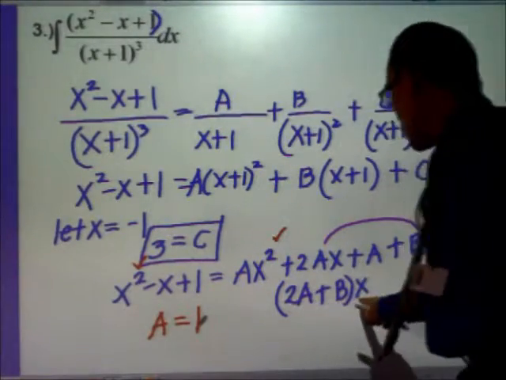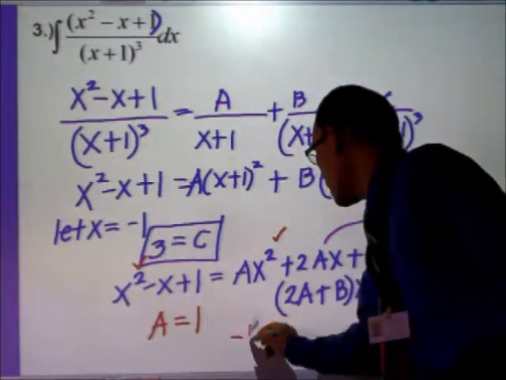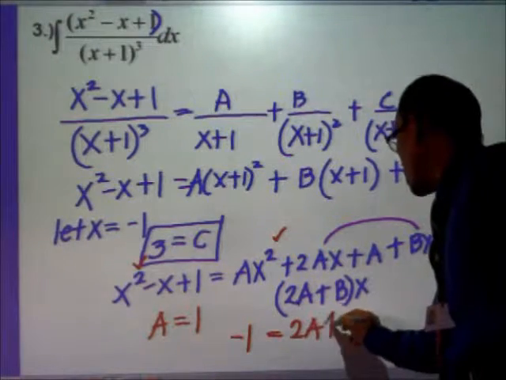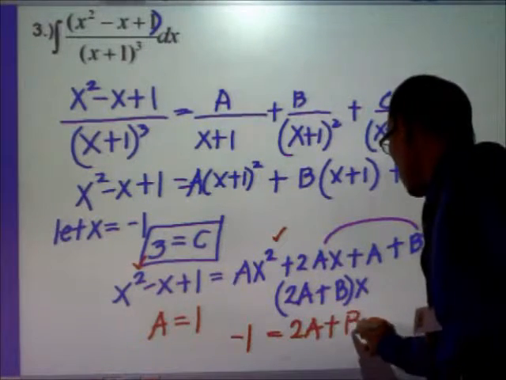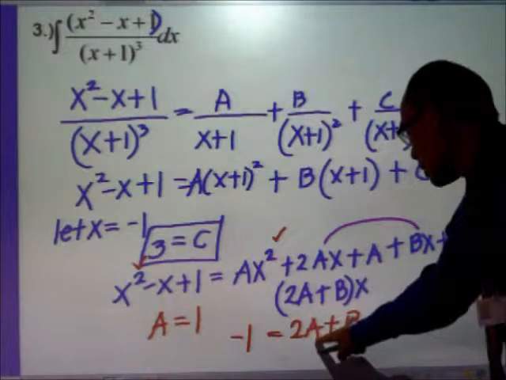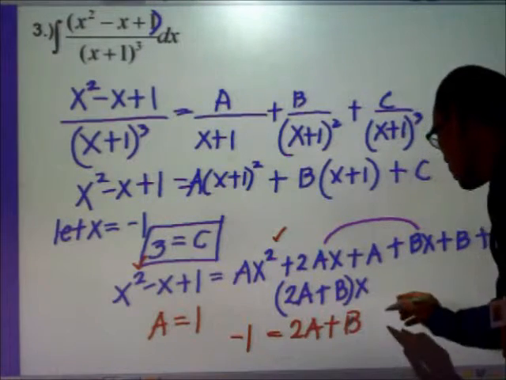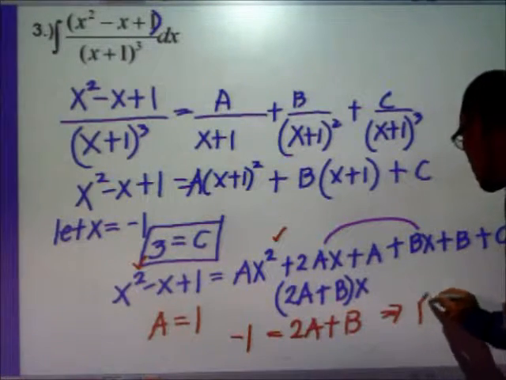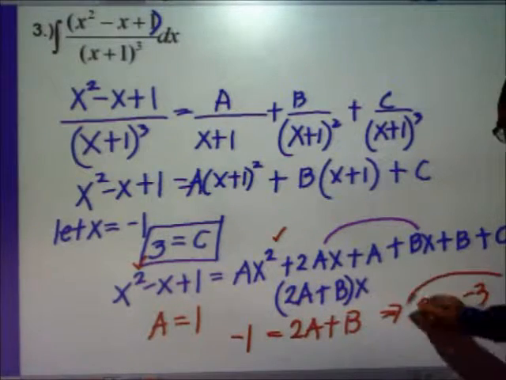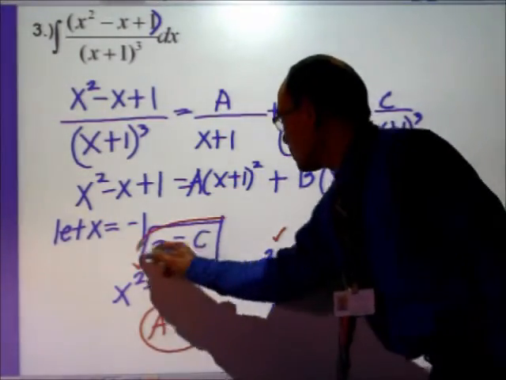And looking at the first degree, the coefficient here is -1 and here we have 2a plus b. We already know that our a is 1, so that's 2 times 1 plus b. So we can say that b is actually -3. So we get all the values a, b, and c.